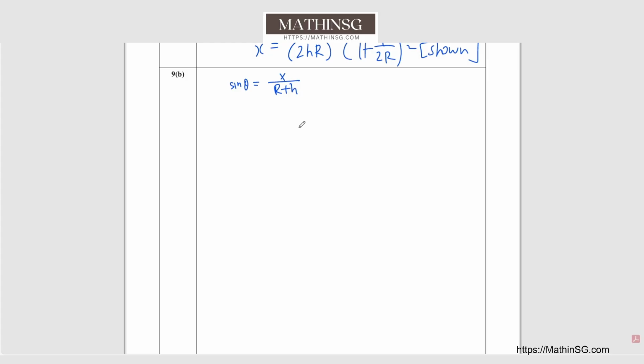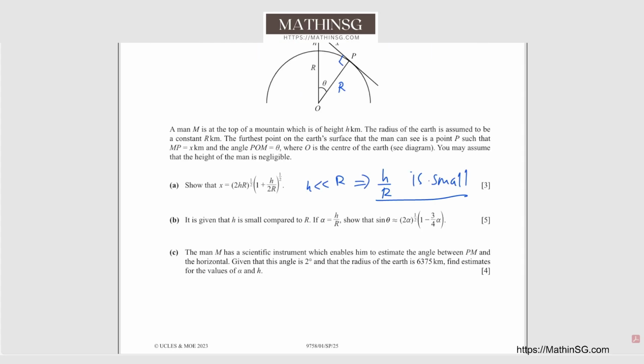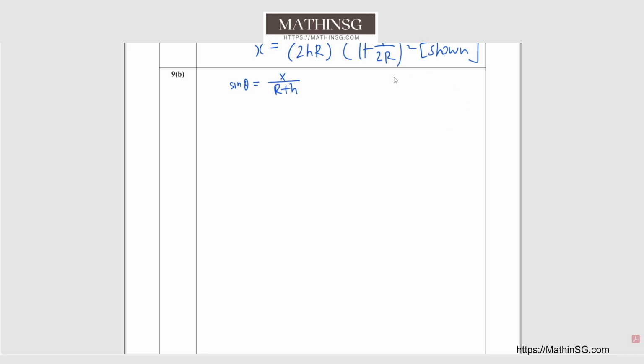All right, and we also know that we need to simplify it to this, where alpha is h over r. So alpha goes to h over r, and we need to show eventually that we get this. So sine theta roughly equals to 2 alpha to the power of half, and then 1 minus 3/4 alpha.